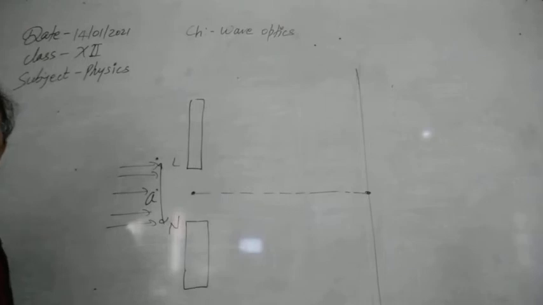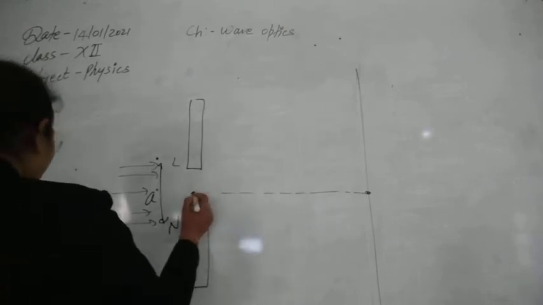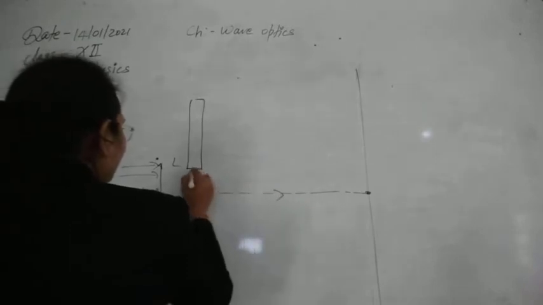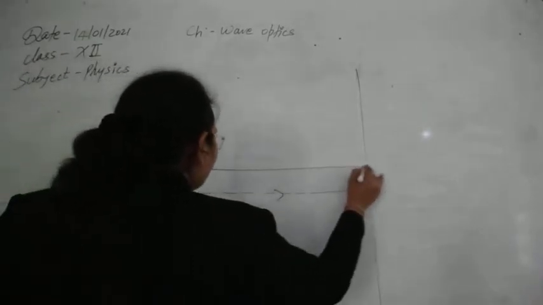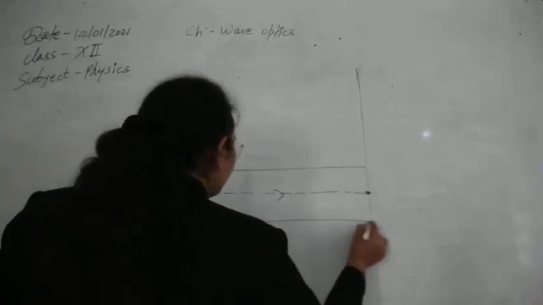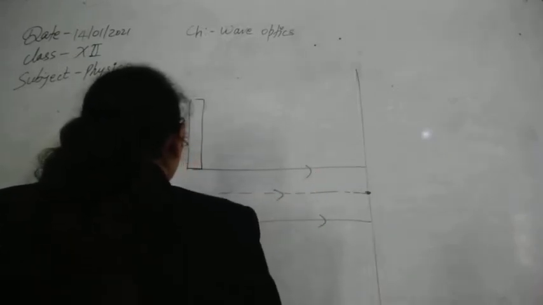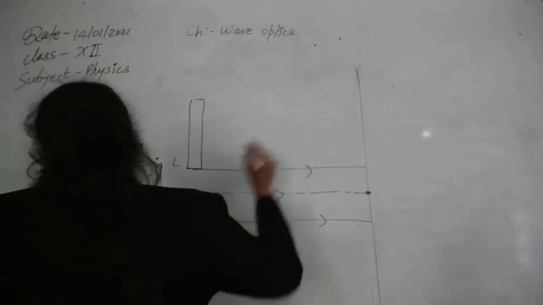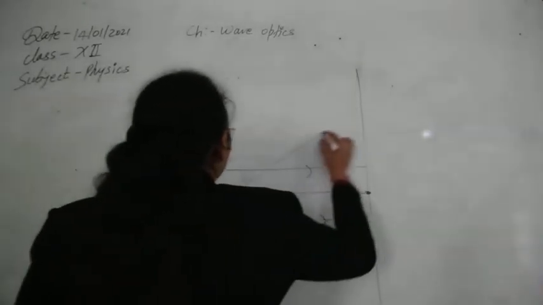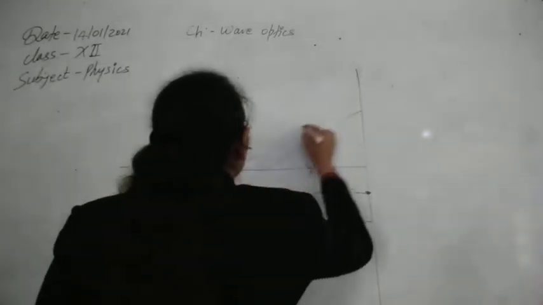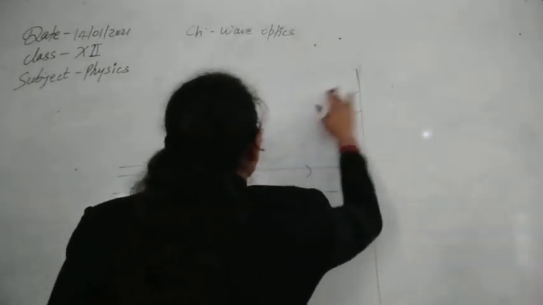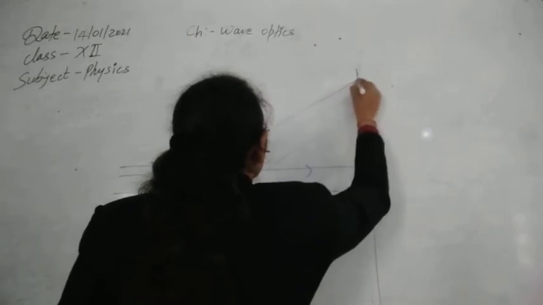So when they move through this space, some of the light waves will go directly straight, but some of the waves will start to bend at a certain angle, and they will start to go on the screen.